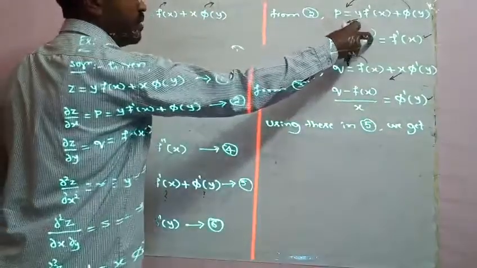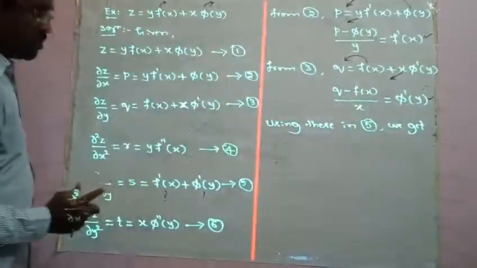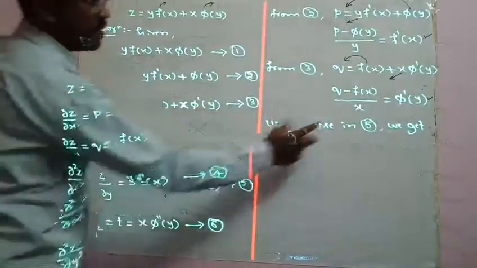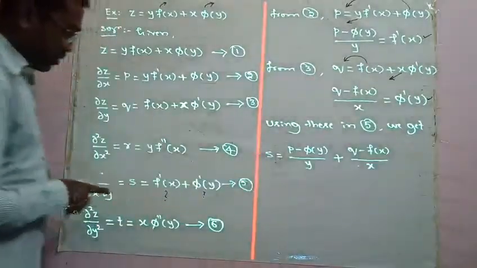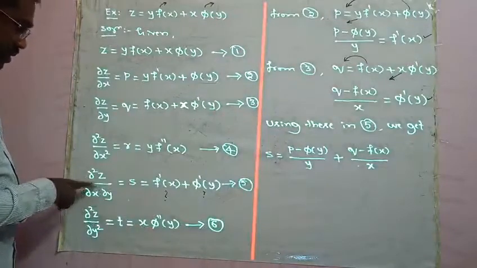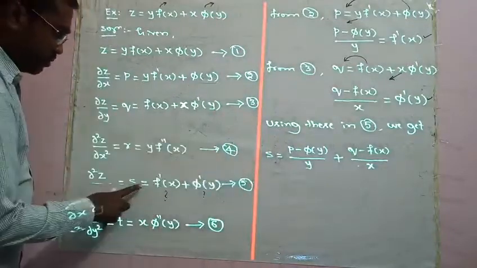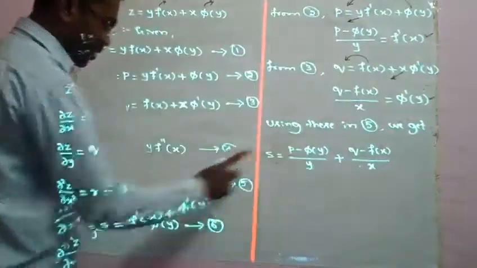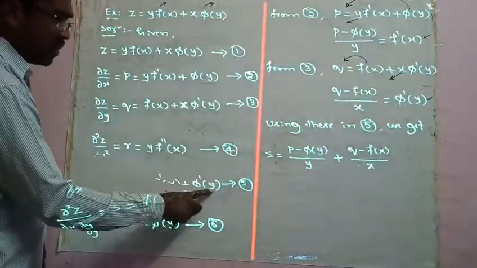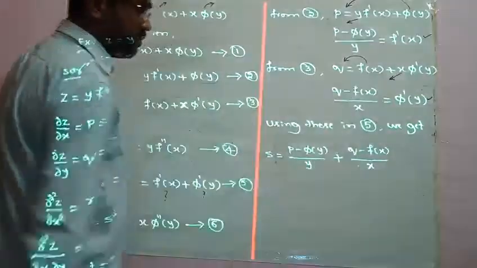So we replace this in this place, and we replace this in this place. Let us write down now. Here equation 5 implies s is equal to f dash of x. In that place we have written this, plus phi dash of y. In that place we have written this.